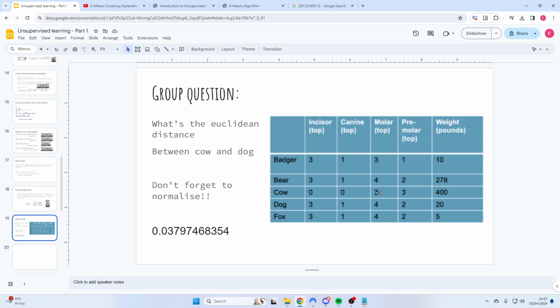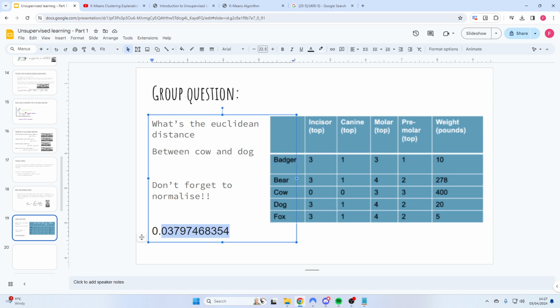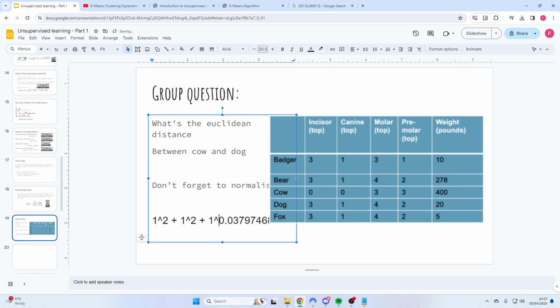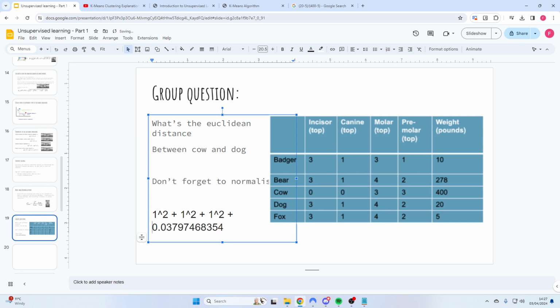Here we had 0, this was 1, 1 squared again. The difference between 1 and 0.5 is 0.5, so 0.5 squared. So we have 1 squared plus 1 squared plus 1 squared plus 0.5 squared. Is that right?